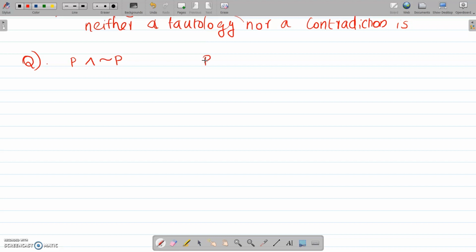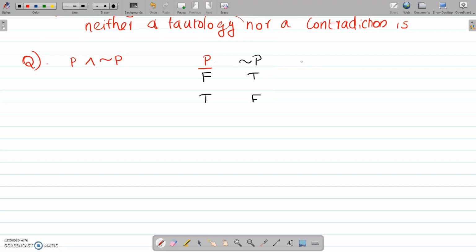Actually, P we have to calculate, that is, P corresponding to P: false statement or true statement. If a proposition is P, then either it can be false or true. Then what will be negation P? If P is false, negation P is true.